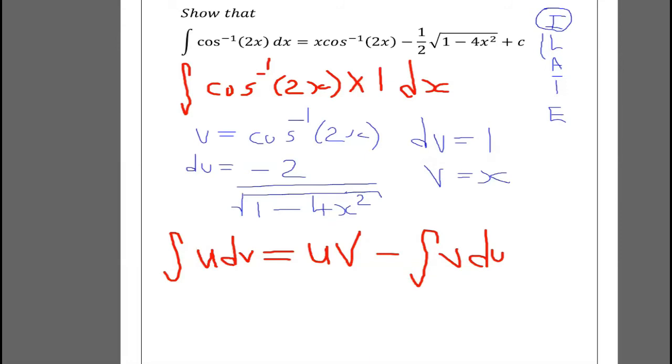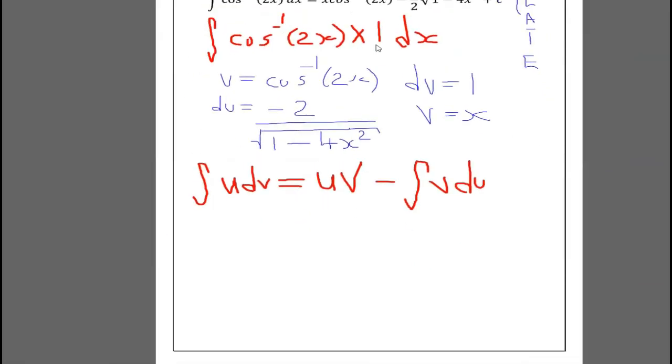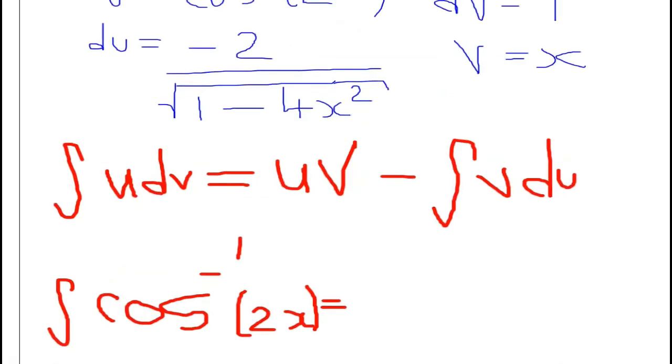So what we're getting is the integral of cos inverse of 2x is equal to uv. I feel like we're not seeing it well, so let's zoom in so we catch it very well.